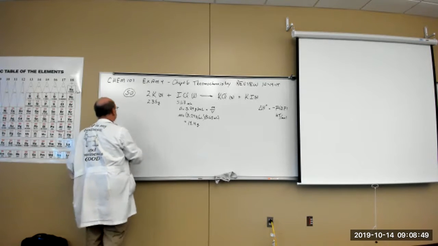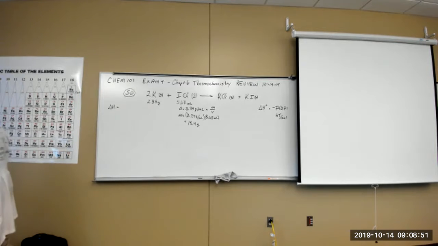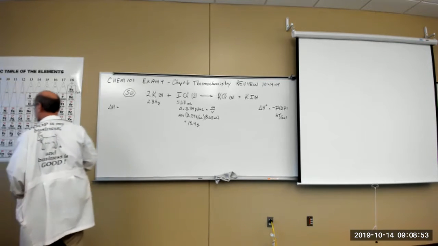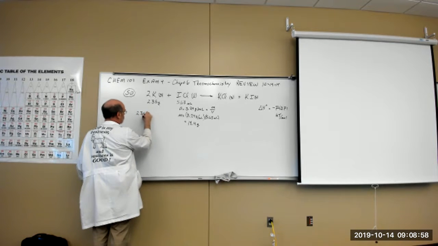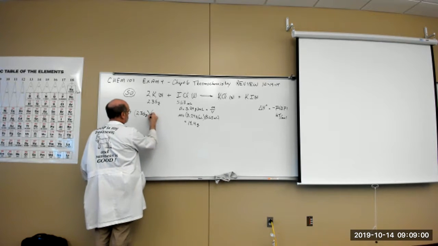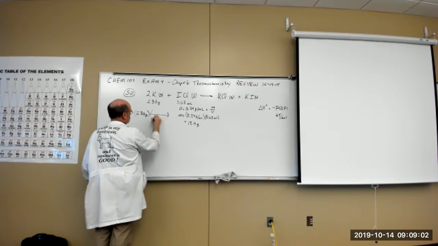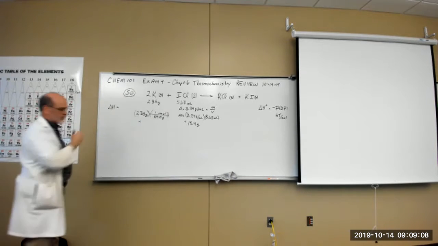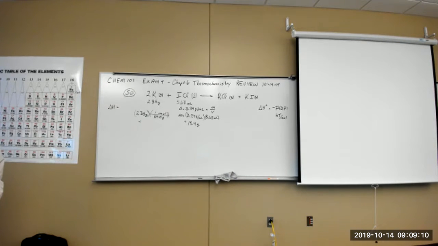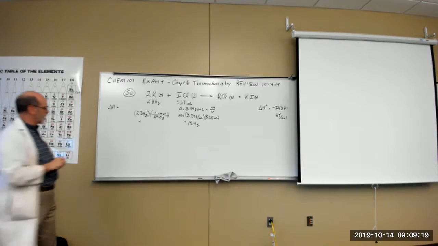Right, so potassium is 39.10, so 2.35 grams divided by 39.10 grams per mole is equal to what? 2.35 divided by 39.1 is 6.01 times 10 to the minus 2.